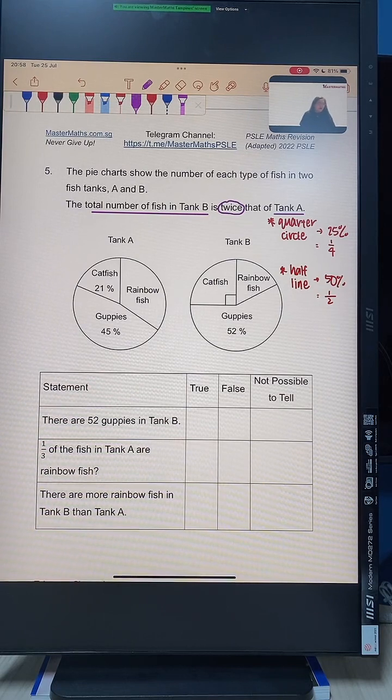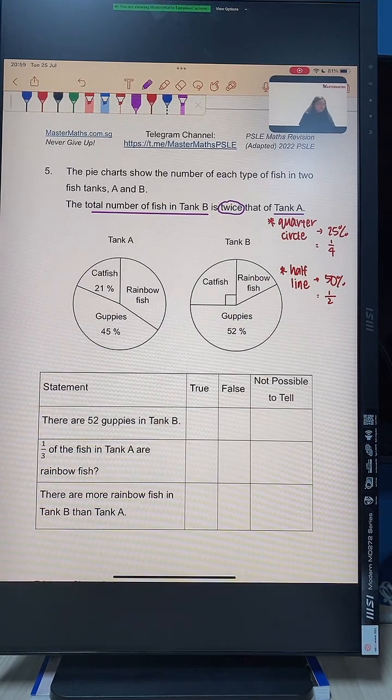If we don't know how many items there are, what do we call it? We call it 1 unit. Agree? Very good, Fazrin, you're right. We call it 1 unit.